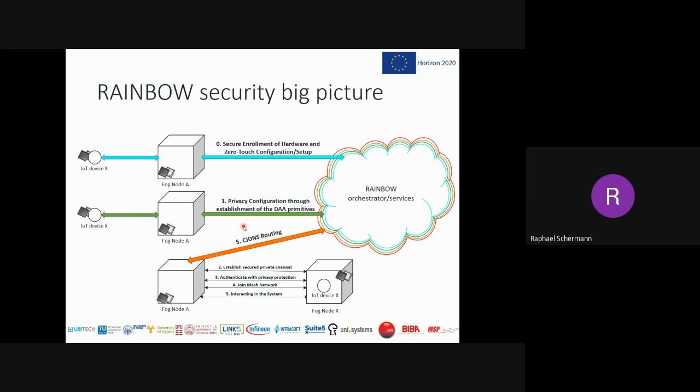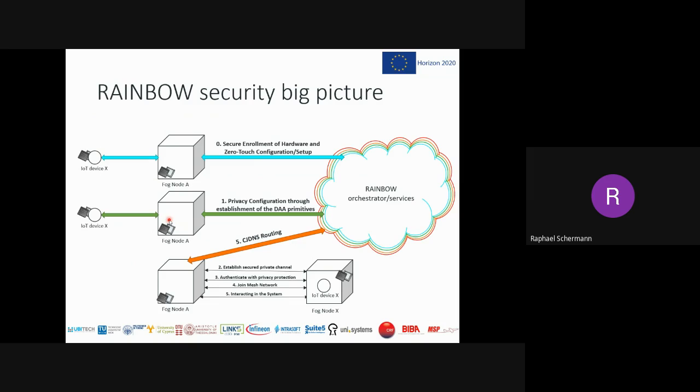Here I will try to give you a visual overview of the whole Rainbow approach. On the left side we have an IoT device X, and there could be more IoT devices. But it is important that the IoT device X and the fog node A are the same device, but at different timings.